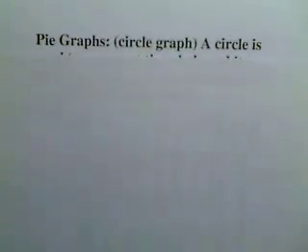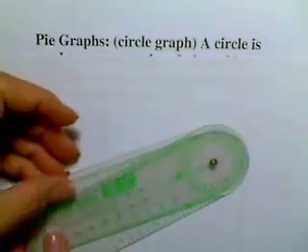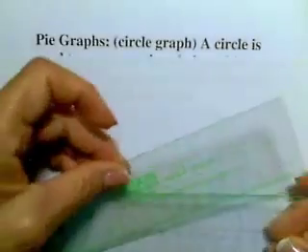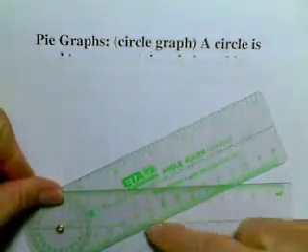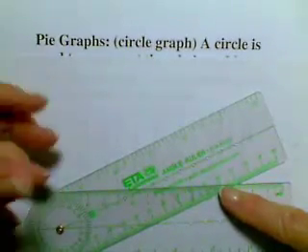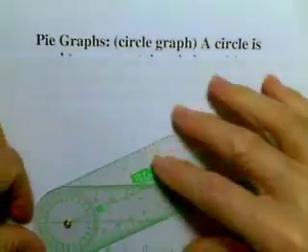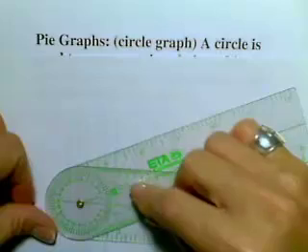The first thing we want to do is to make a circle with your compass. Now I'm using what is called an angle ruler. The angle ruler is not only a ruler, measured in inches, centimeters and millimeters, but it also has a compass and a protractor.